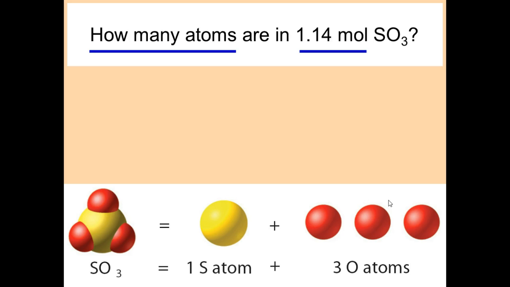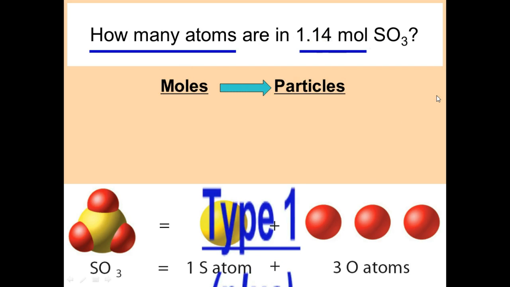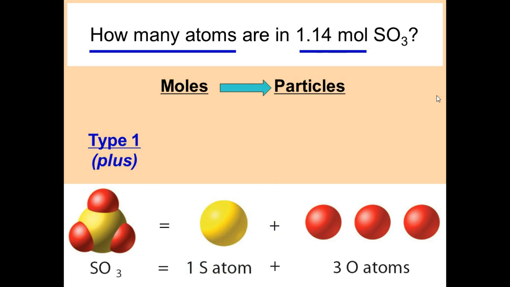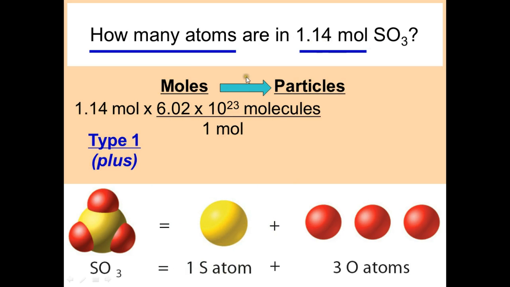And the last type of problem, how many atoms are in 1.14 moles? So we want to go moles to atoms, so this is a type 1 problem. And so we have moles, and we want to get to molecules, so we divide by moles to cancel those out.